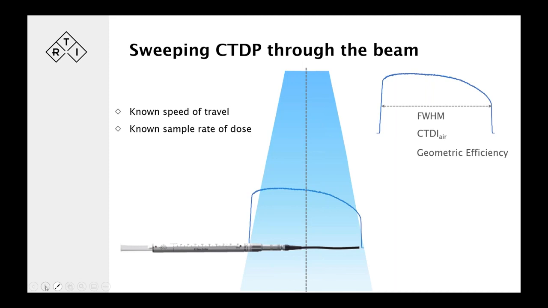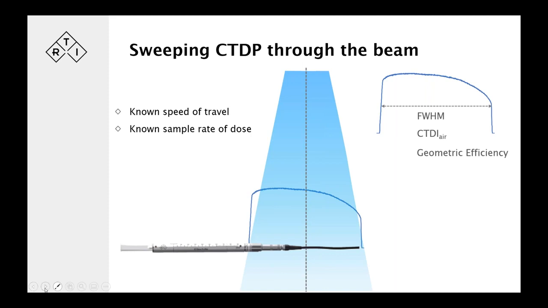With the graphical analysis inside the software, it then computes the full width half maximum to the fraction of a millimeter. It also gives us the CTDI free in air, of course, because that's what we're doing. It's the integral of dose free in air. And the software also has a function that gives us the geometric efficiency of the beam, so we can feed that information back directly to the operator.